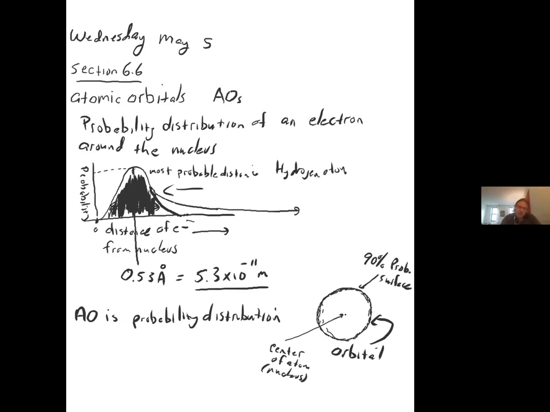Now, we're also going to claim that there are many different types of orbitals that exist in atoms. And again, we can't go through this in this course because it's a more advanced topic. All we can do is show you the results because we're not going to go through the mathematics.